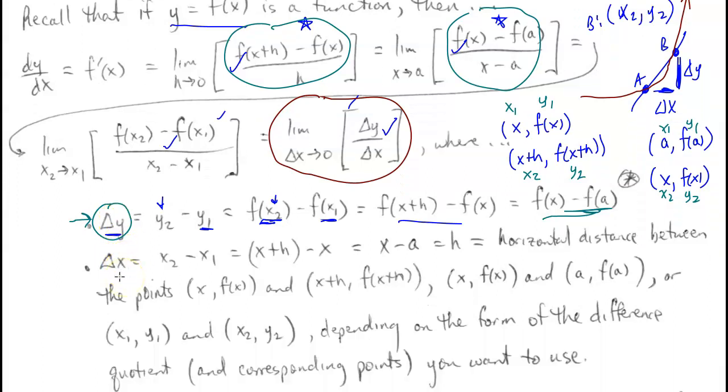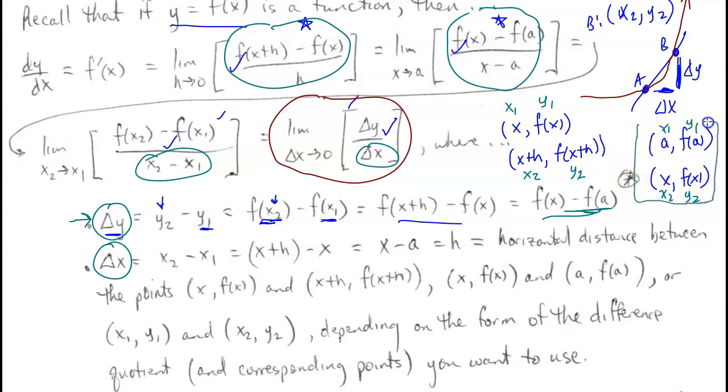So just like how I've showed you how all this is really tied to the slope of a line in that particular formula, we can do the same thing with the delta x, just a change in x values. And depending upon what form of the difference quotient you're looking at, the change in x values looks different, okay? Of course, change in x values here. If it's a difference between two actual values that you know, it's here.